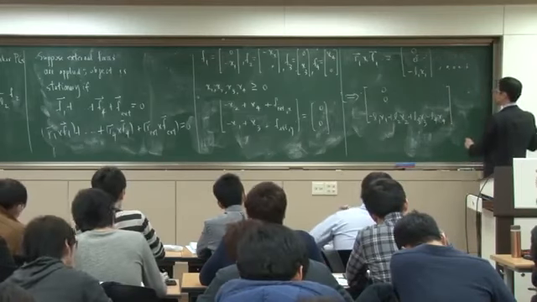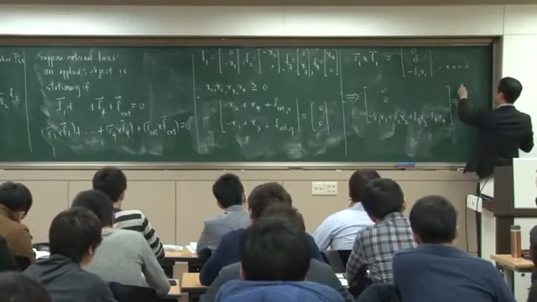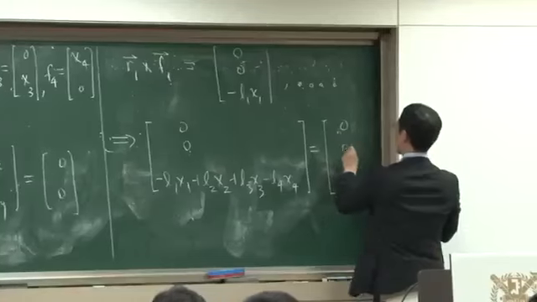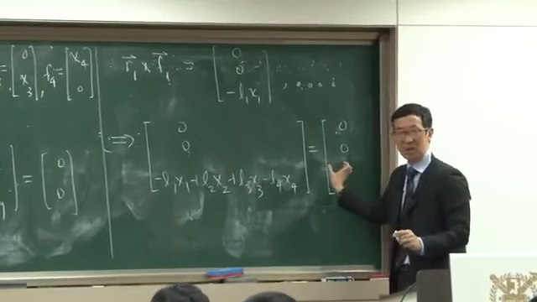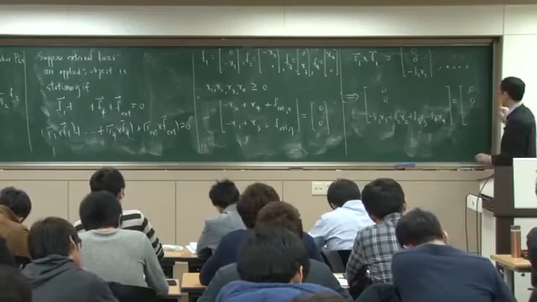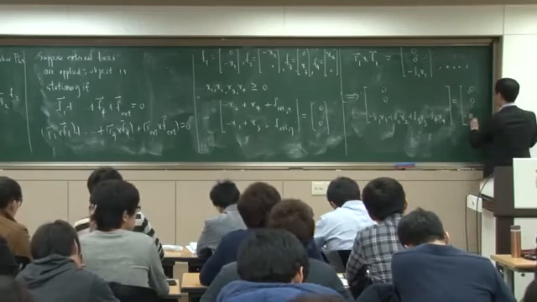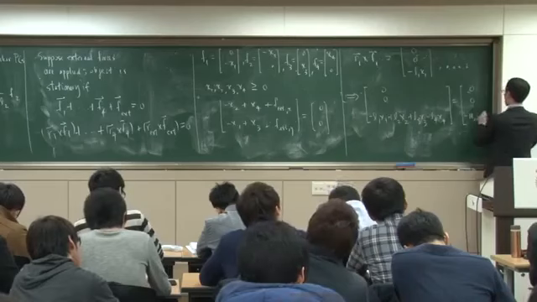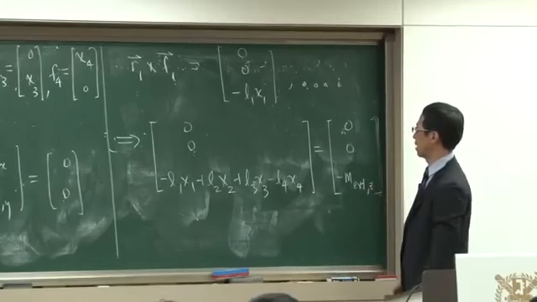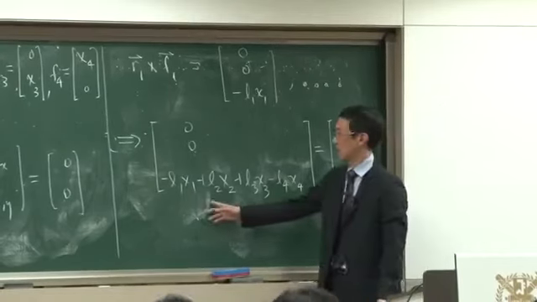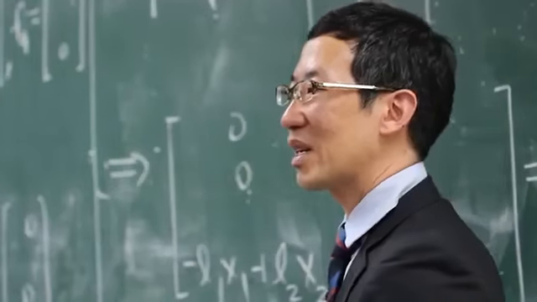Equals 0, 0. And then we have the moment due to the external force here, so let me just call that minus m external z. All right, so here's a useful trick.